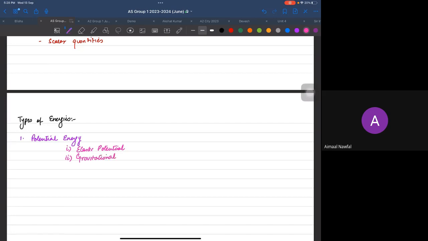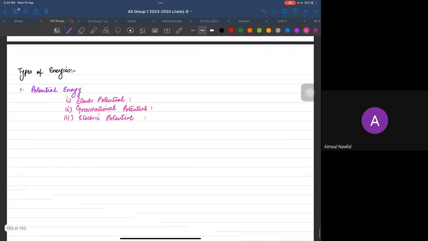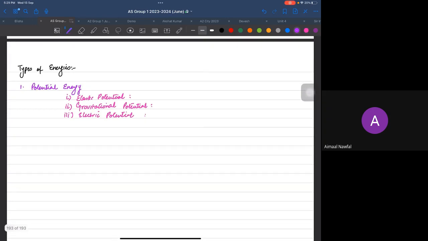Gravitational potential, and then you have the third one, which is known as electric potential. So all these are basically types of potential energies. Now, I'm going to explain these one by one, but first let's just complete the list. The next one we have is kinetic energy. Then we got chemical.